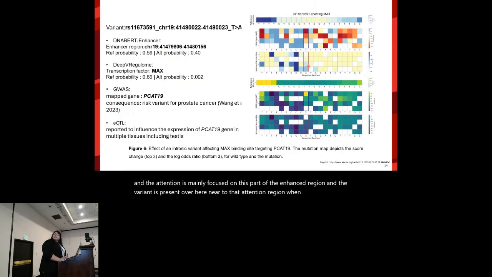When the mutation is imputed, you can see that the whole attention of this wild type changed in the mutation nucleotide. We believe that all predicted variants presented in this study provide strong candidates for further experimental testing to confirm their functional impact on a specific disease or trait.